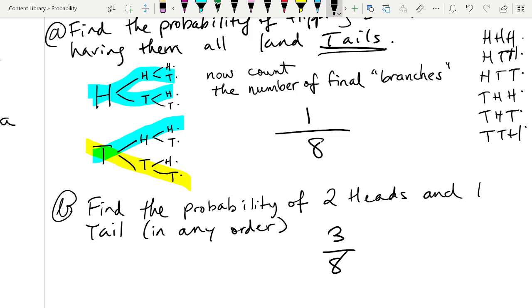Uh-oh, I don't have them all, and I kind of ran out of counting. See the problem with trying to count them? It's really easy to lose track and forget something. What have I missed? Oh, I've missed tails, tails, tails. There's 7, and I know there's 8. What have I missed? I can't even figure it out. Oh, you're right, I haven't done heads, heads, tails yet. There it is, the 8. See how tough that was?